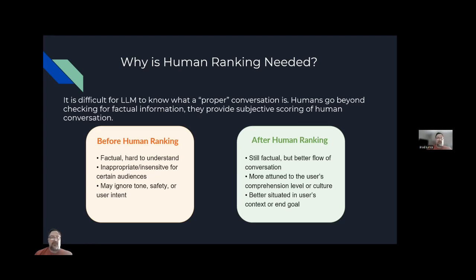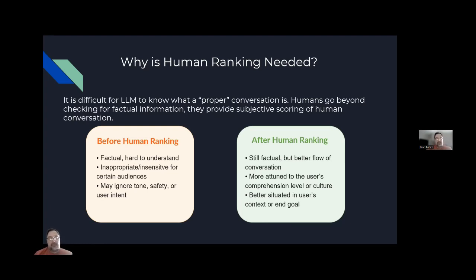It's difficult for a large language model to know what is a proper conversation, right? Humans, when they are given this feedback, go beyond checking for factual information, and they provide subjective scoring of human conversation.